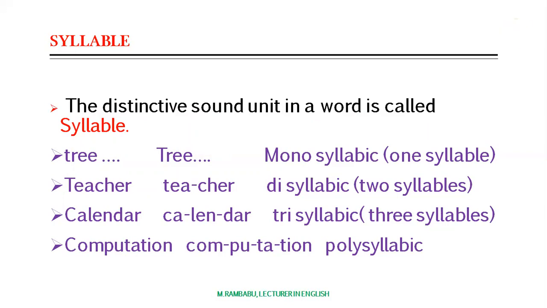The word consists of certain sound units. The minimal sound, each sound unit is called a syllable. There are different kinds of syllables according to the structure.